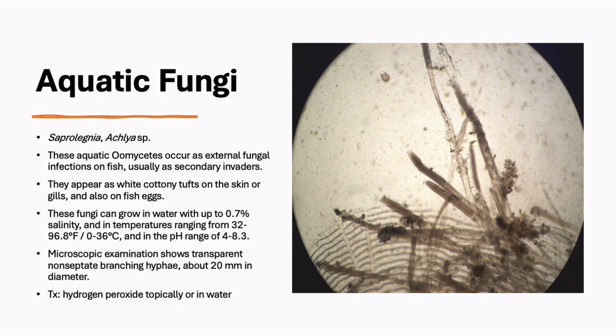So the hyphae is the filaments, and there's no walls in those filaments going across called septa, but they do branch into different pieces. So one piece will branch off into two. Hydrogen peroxide can be used in the water to help reduce the fungal growth, and it's especially useful to prevent fungus from growing on fish eggs.